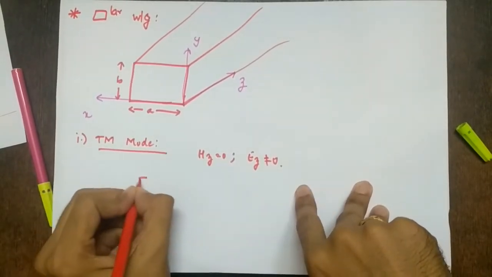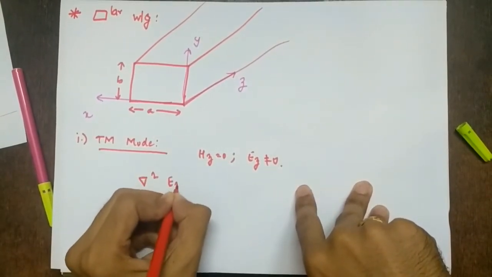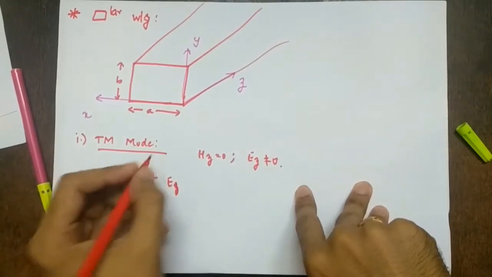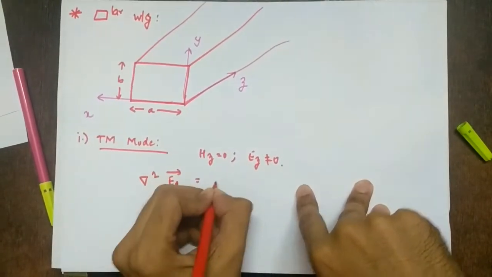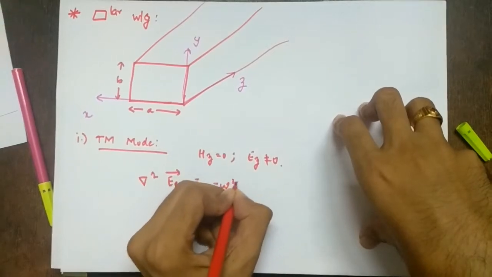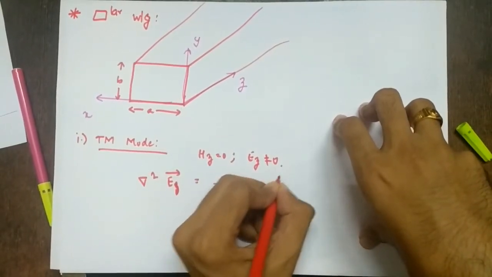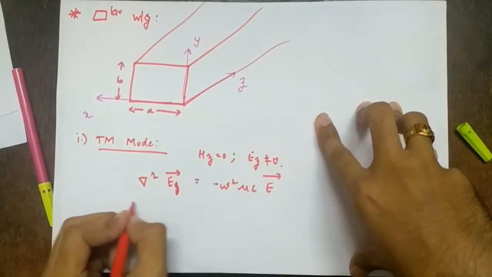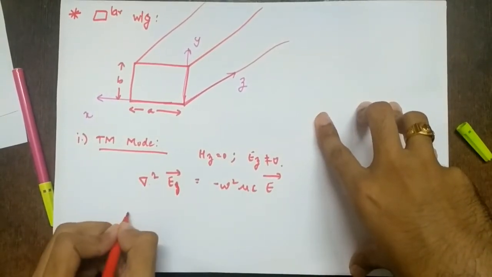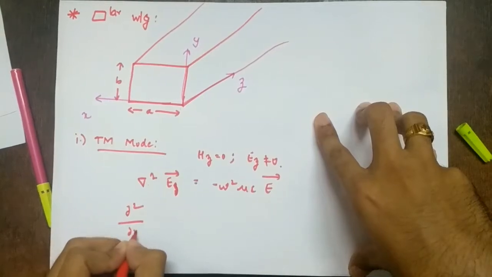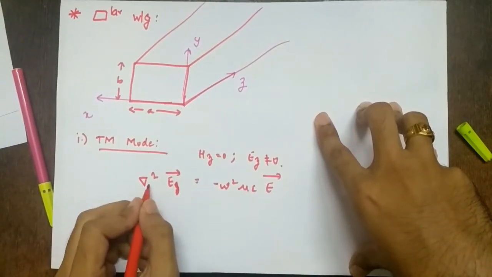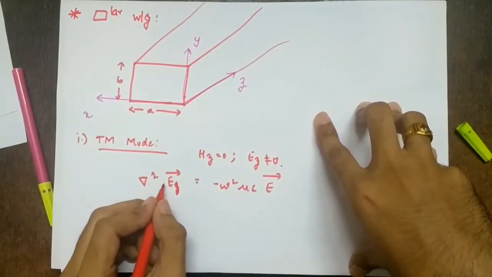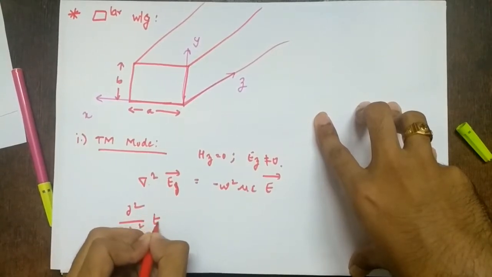So what is the wave equation? Del square, I'll first write the one which we have used. So del square E vector equal to minus omega square mu epsilon E vector. This is the equation we have used, right? Here we are interested only in Ez. So what will it become? Del square is what? Del square by del x square plus del square by del y square plus del square by del z square Ez.